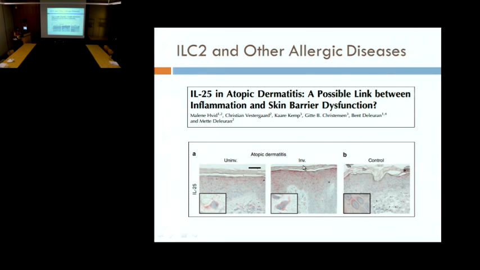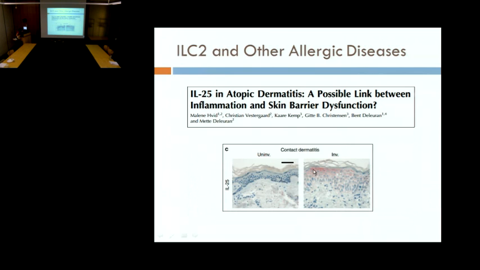Maybe it's the coloring, but you can see darker staining in the involved skin. Is IL-25 just being used as a marker for ILC cells? Yes, because they cause the development of ILC2s. So in contact dermatitis, yeah.